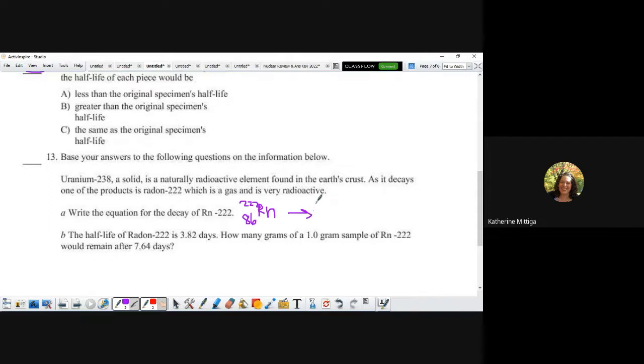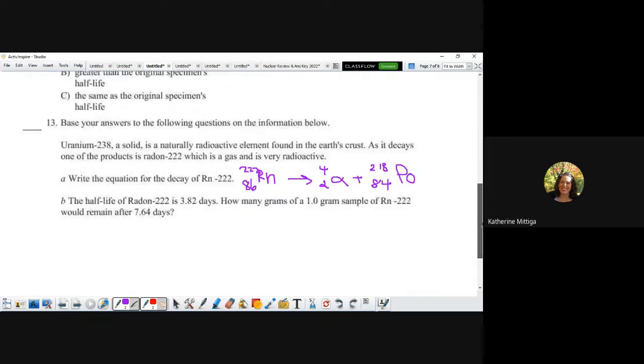It's going to decay into... oh, we're doing the decay of radon-222. So radon-222, using Table N, is an alpha, 4/2 alpha. So then down here we're going to have an 84, and this is going to be 218. So who is element 84? That's polonium.